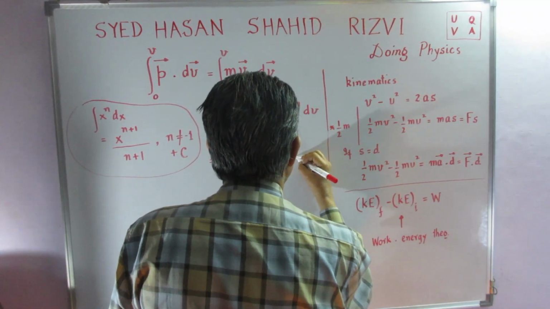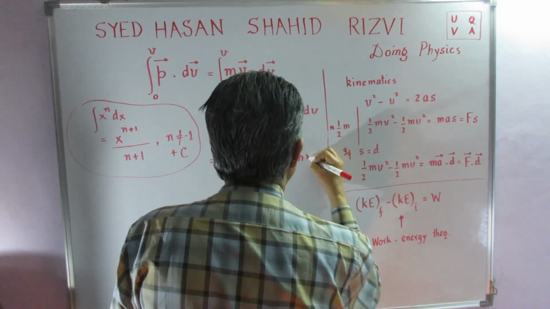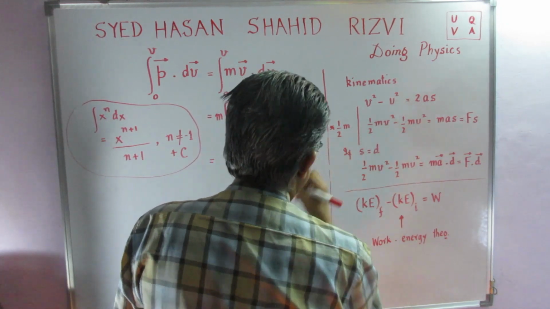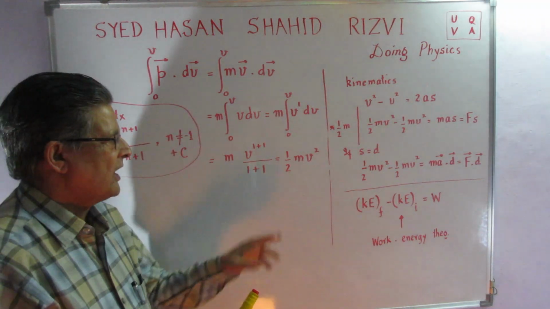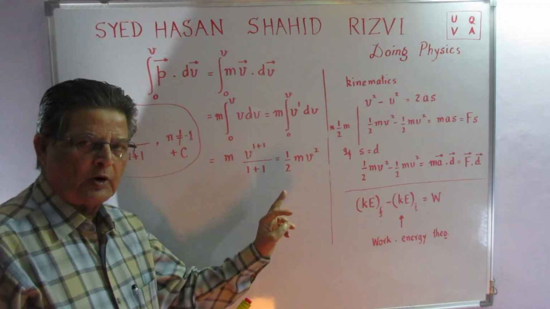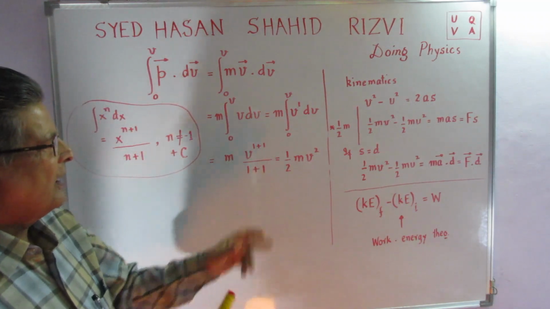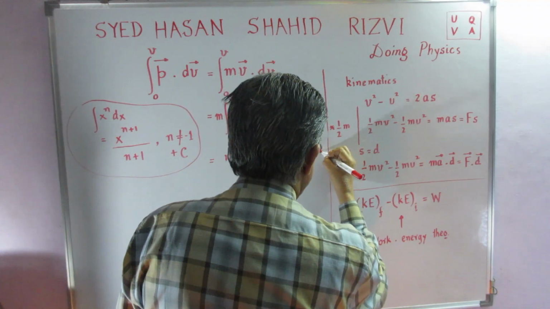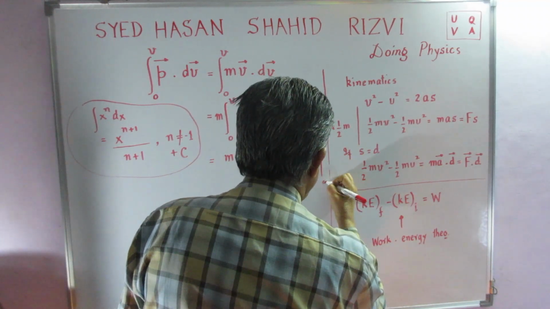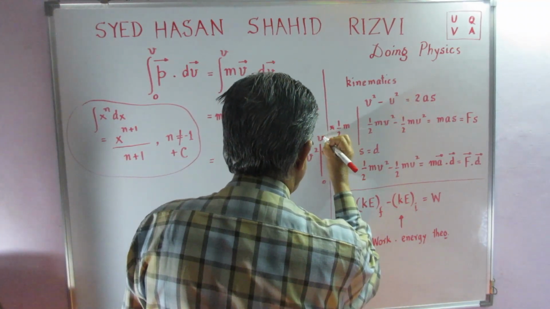This is half mv square. So half mv square is the kinetic energy achieved by the body. Then I put the limits here, 0 to v, and substitute these limits.